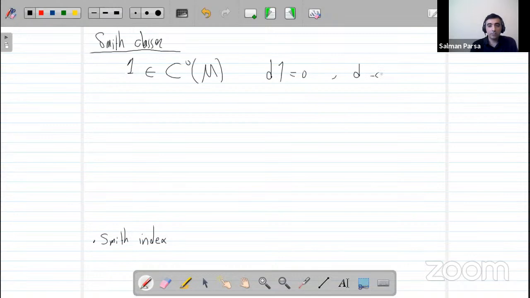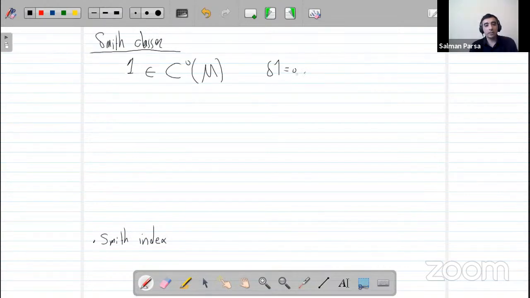Oh, actually, what I said was the coboundary. Sorry, the coboundary of 1 is 0.